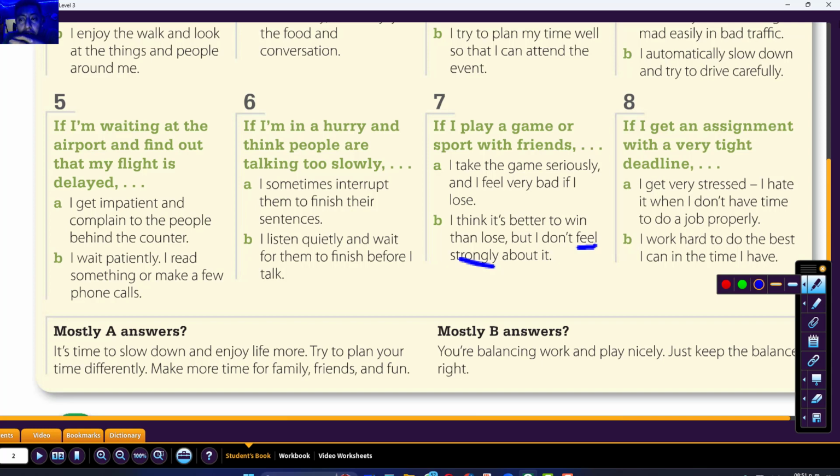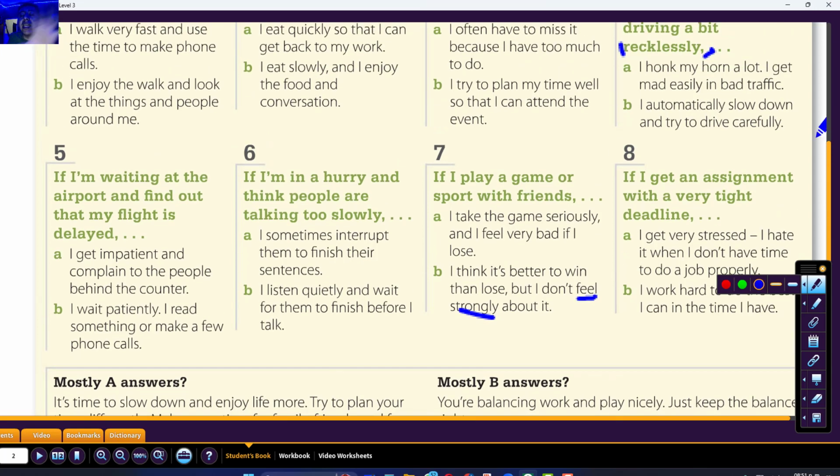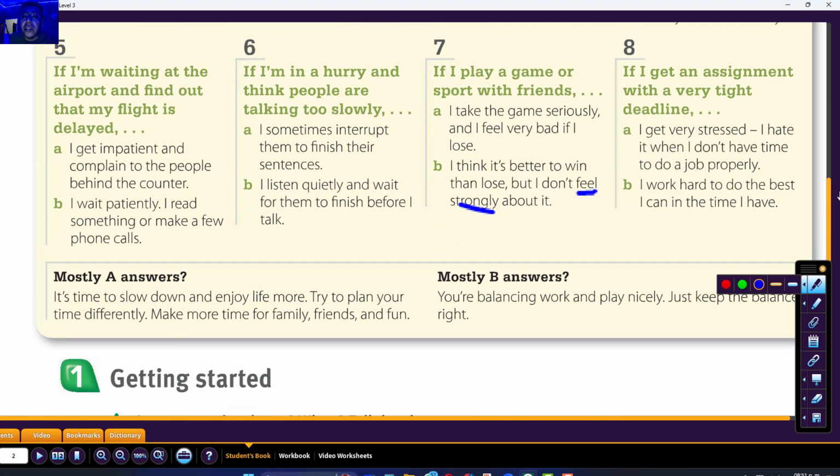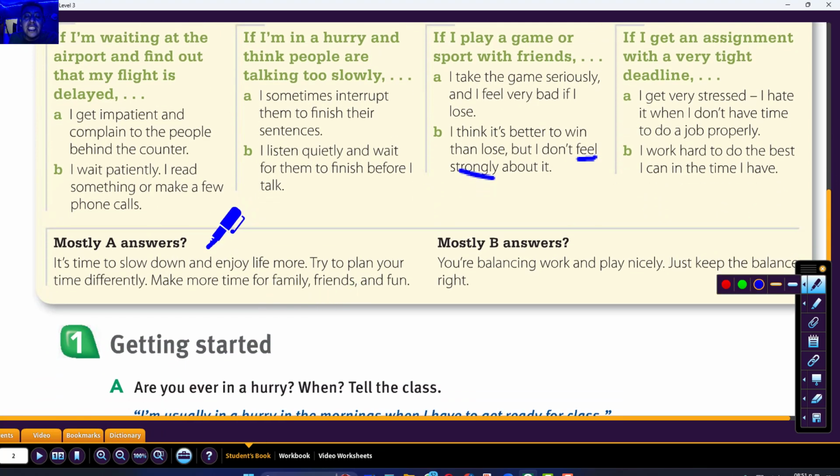Okay? So, go back and check your answers. How many A answers do you have and how many B answers do you have? At the end, if you have more A answers, then this piece of advice is for you. It's time to slow down and enjoy your life.